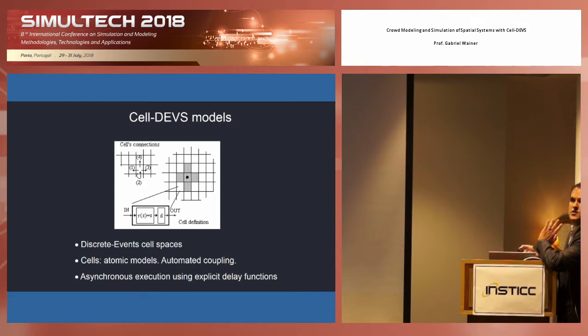If nothing happens, the cell goes to sleep again, so you stop wasting compute cycles. But if something happens, you inform a set of neighboring cells, which will wake up and compute. You don't do that immediately; you do it after a delay. We have different delay functions, and this allows you to model delays of the behavior of each one of the cells in a very elegant way.